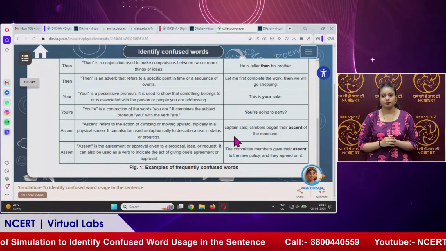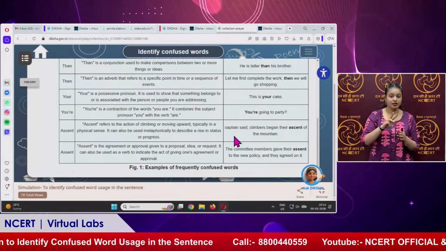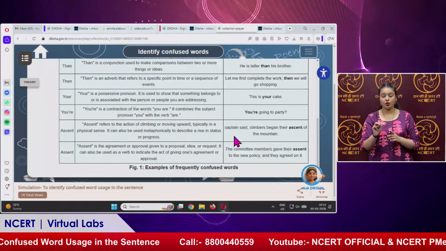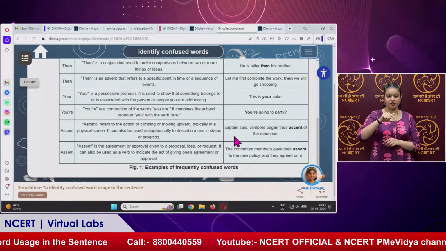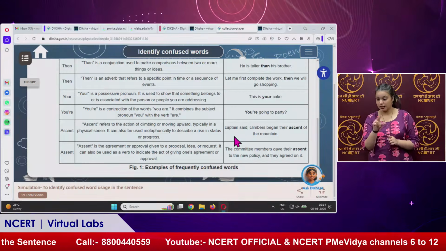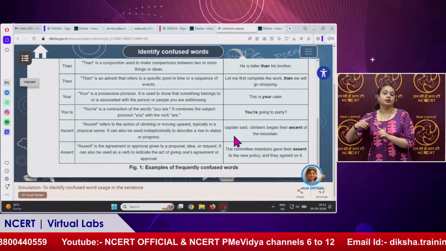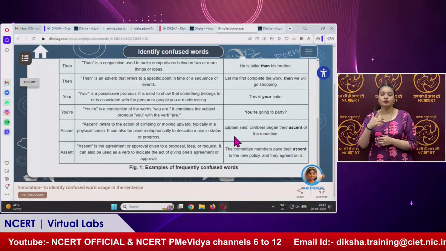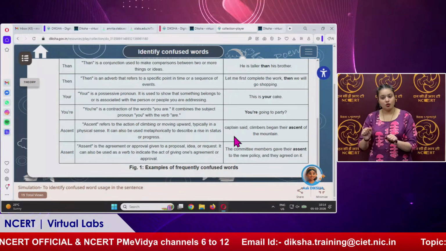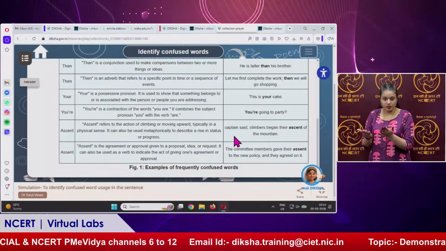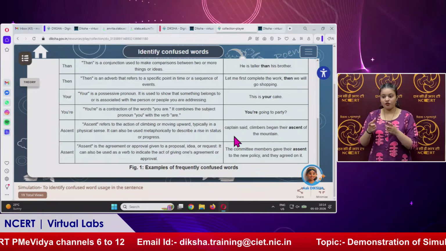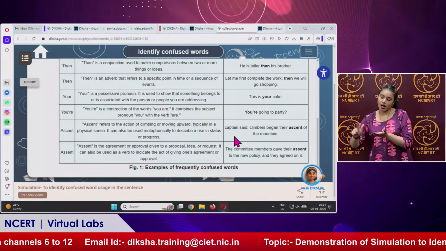The plane ascended 30,000 feet, the captain said. Climbers began their ascent of the mountain. Whereas the other one, assent, A-S-S-E-N-T, is approval, agreement to a proposal, idea or request. The committee members gave their assent to the new policy and they agreed.